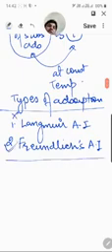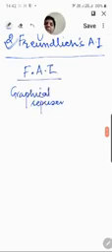What is Freundlich adsorption isotherm? Okay, write down Freundlich adsorption isotherm. It is the graphical representation between the extent of substance adsorbed per unit mass. What is that?